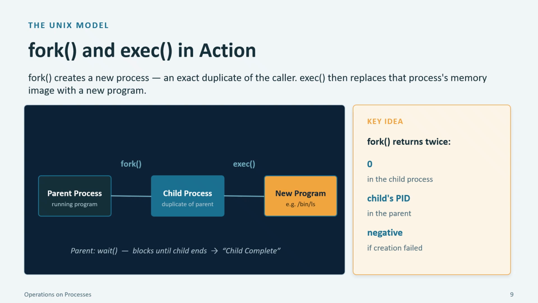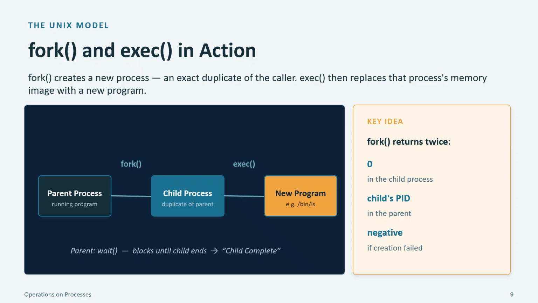One is the parent, the other is the child. Then the child can call an exec function. The exec operation replaces the child's current program image with another program. For example, the child may execute the /bin/ls program. The parent can call wait and wait for the child to complete.